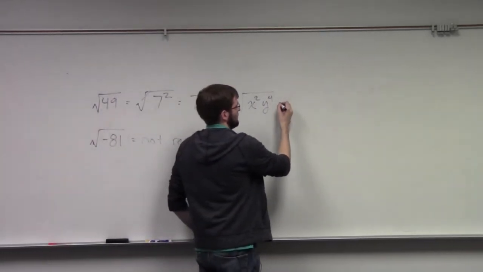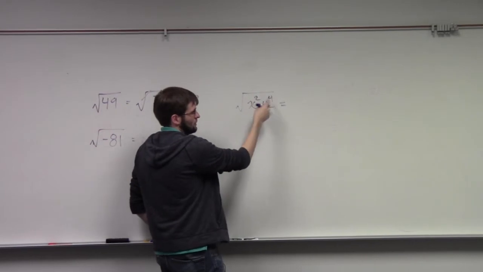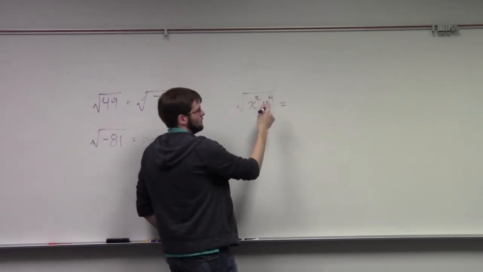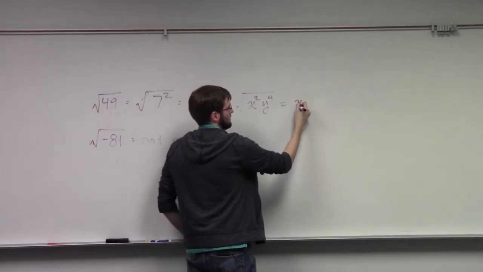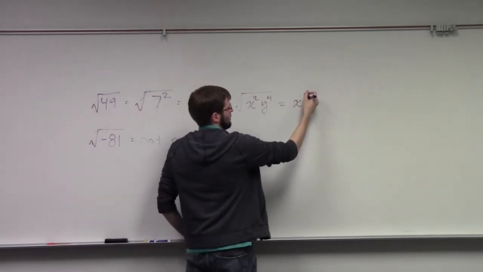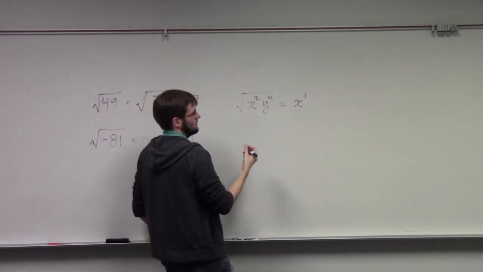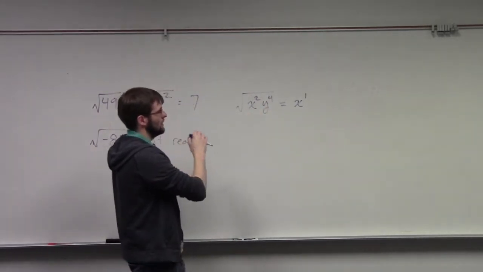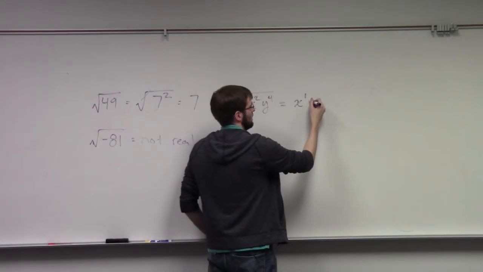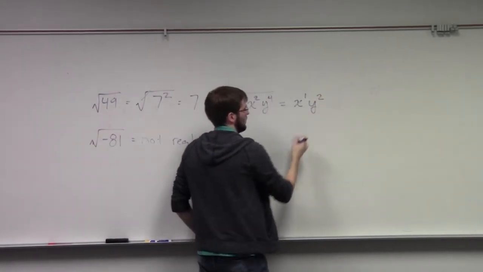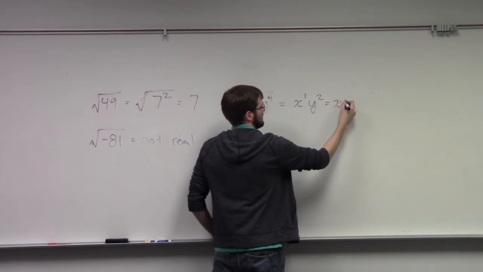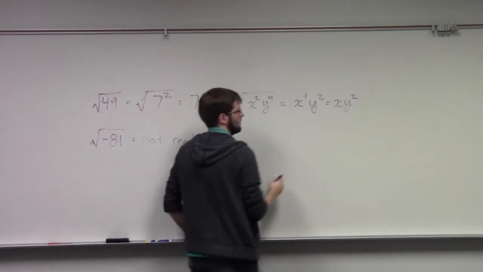But for even powers, we're just going to divide them by 2. So this divided by 2 is 1, so I'm left with x. We can put it to the first power, but typically we just say x. And for y, it's to the 4th power, so we divide this by 2, so we'll have y squared. So we can just write this as x y squared.